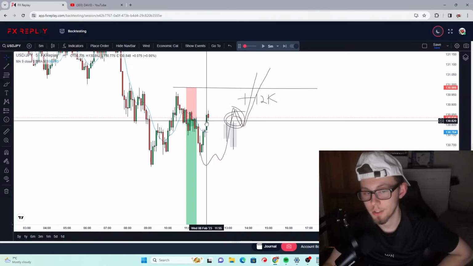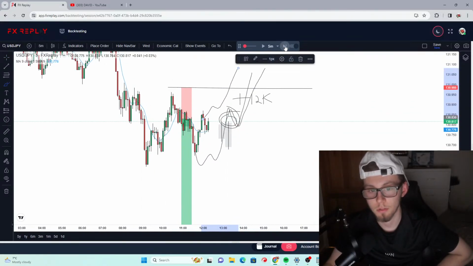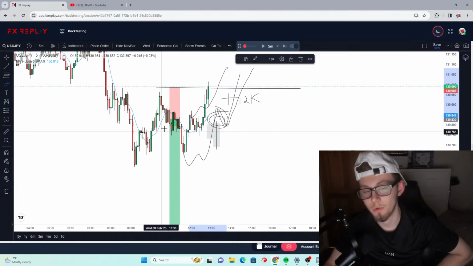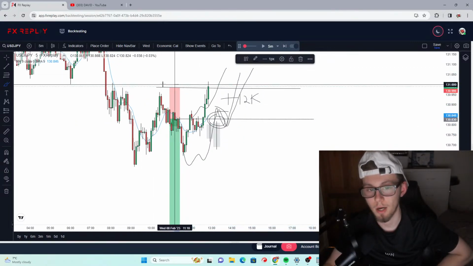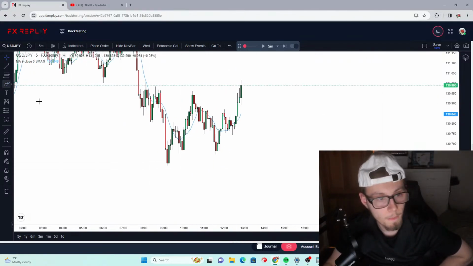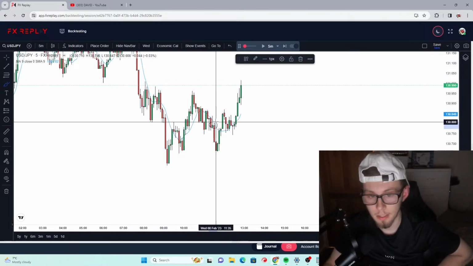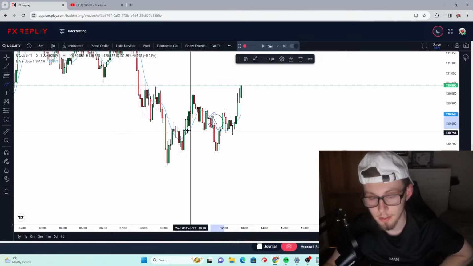So we get stopped out, as you can see. Now there's a good chance we're actually going to just go like this. Let's see what happens. But most times when we do hit break even, this is what happens. I've seen this so many times in my back testing, and this is exactly why I take my break even as soon as I see something like this instead of profit.